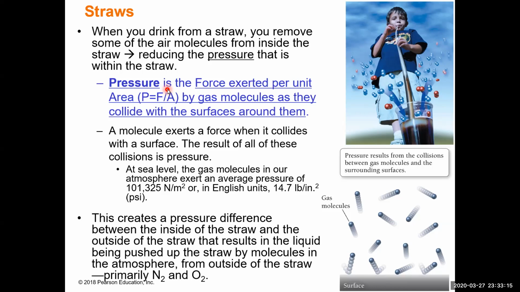Pressure is the force exerted per unit area by these gas molecules as they are colliding with the surfaces around them, in the case of a straw, the surface of the straw. A molecule will exert a force whenever it collides with a surface, and the result of all these collisions will be pressure.